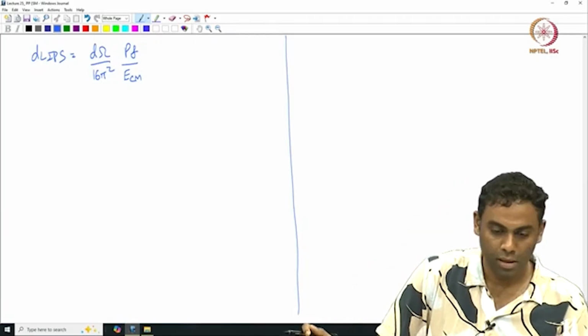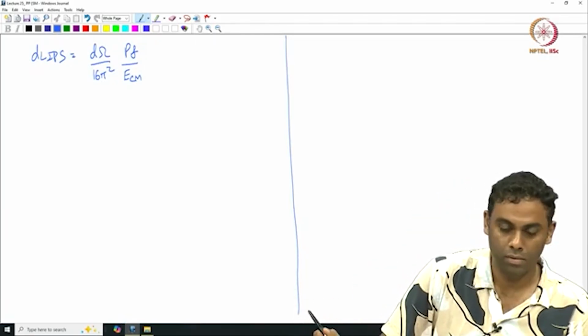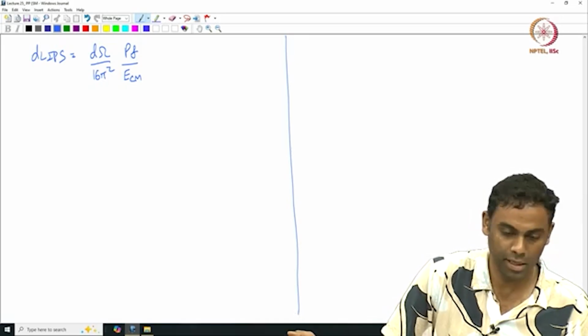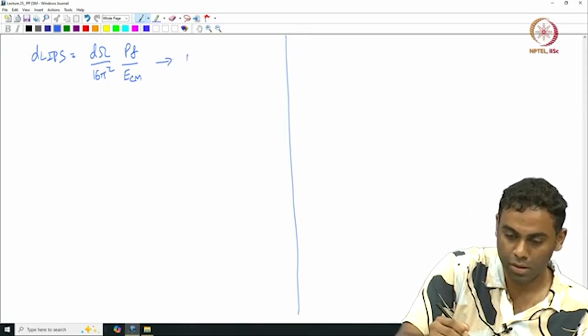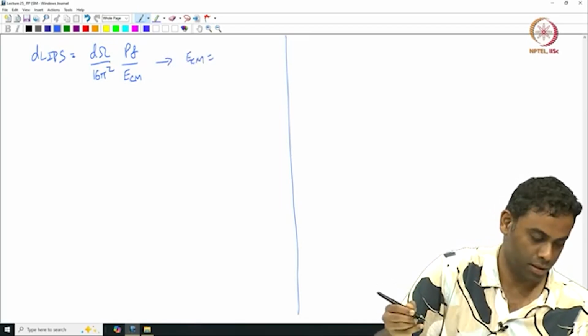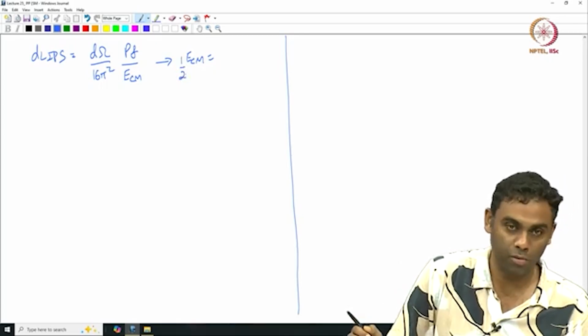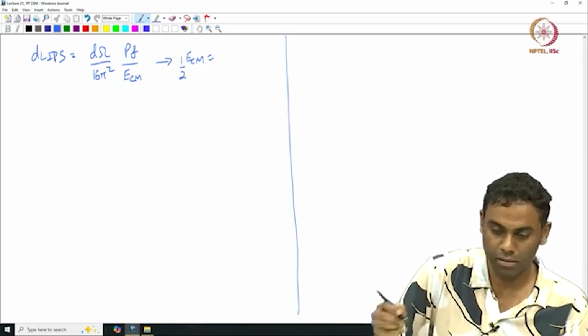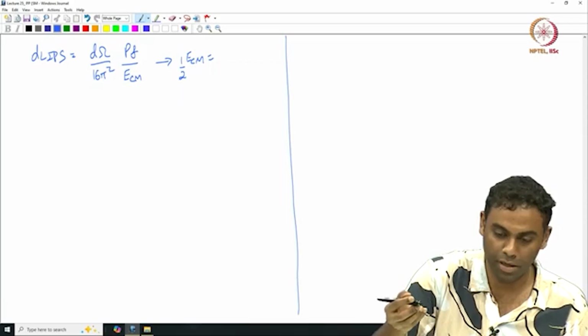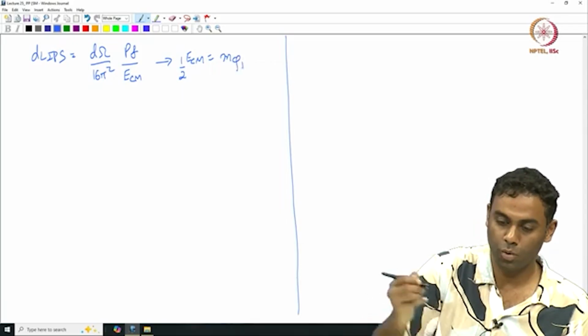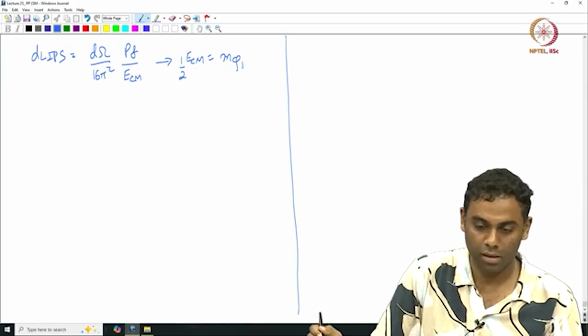So what is ECM now? It's the center of momentum energy, right? That just means it's the center of momentum energy of the final state particles if you want, so that m phi 1 is what ECM is.